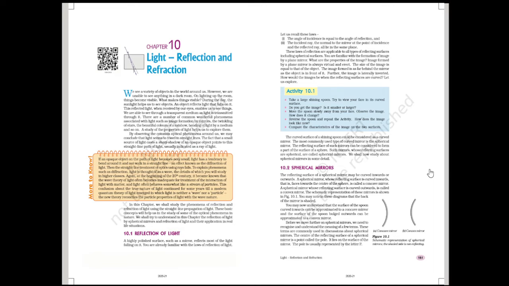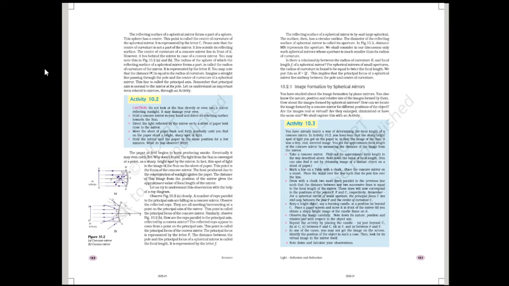That's why it has a radius of curvature. Every curvature has some radius. In this way, the spherical mirror also has a radius of curvature. So this point is called the center of curvature of the spherical mirror, and it is represented by the capital letter C.